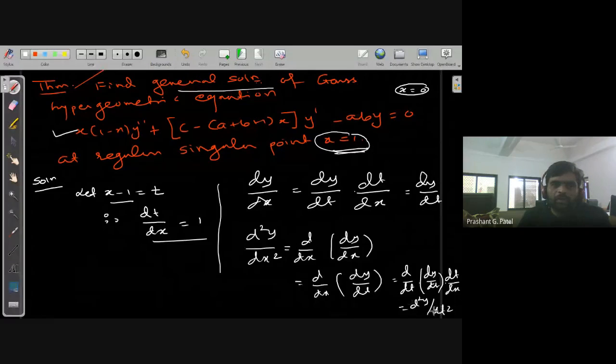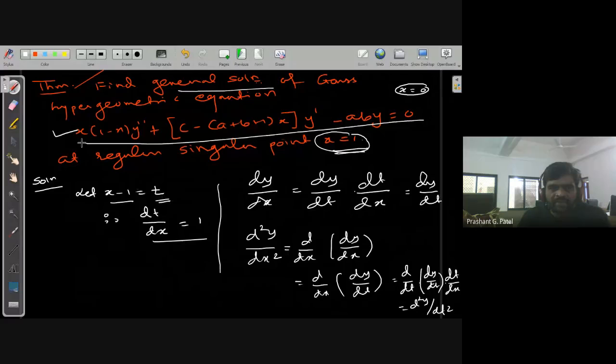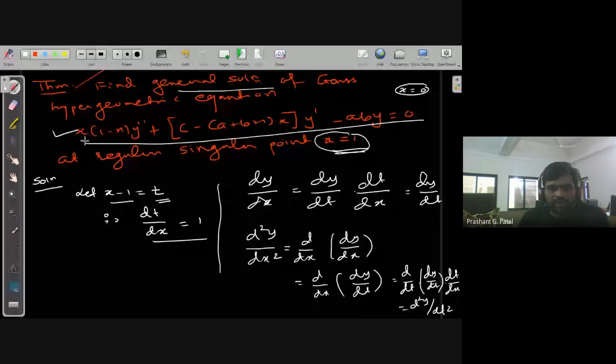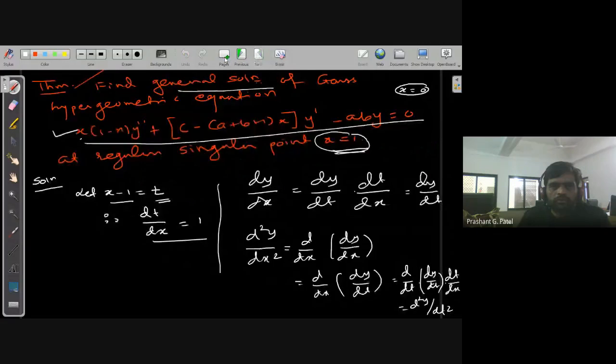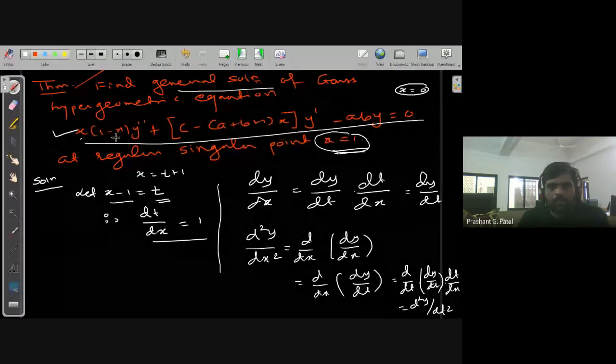So now we are able to convert this whole equation into terms of t. Whenever x is there, we have to substitute t plus 1, because instead of x we have to write t plus 1, and 1 minus x will be minus t.